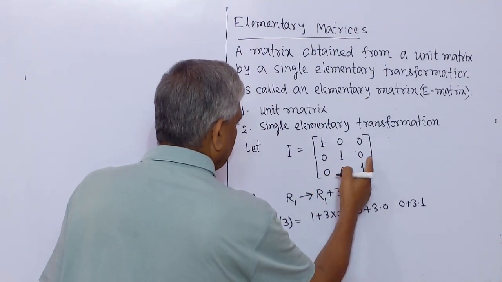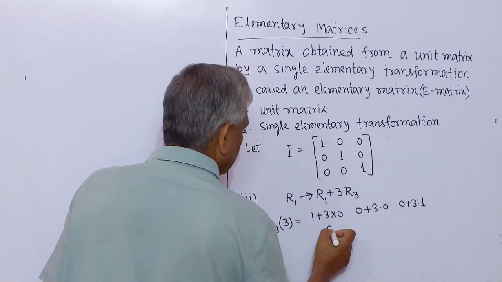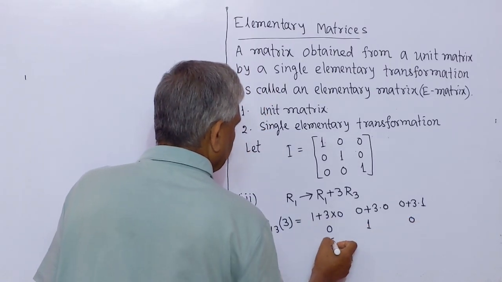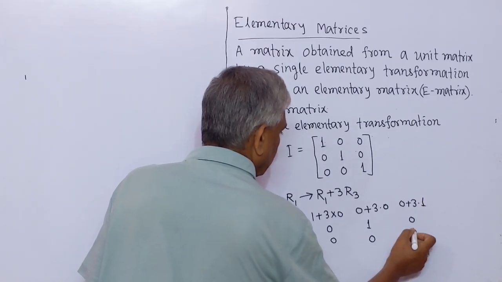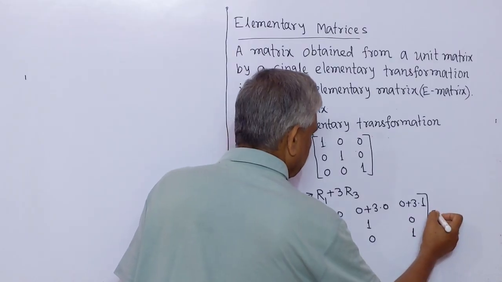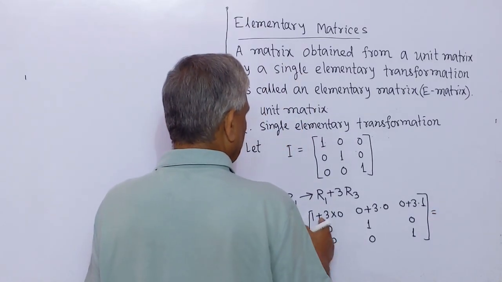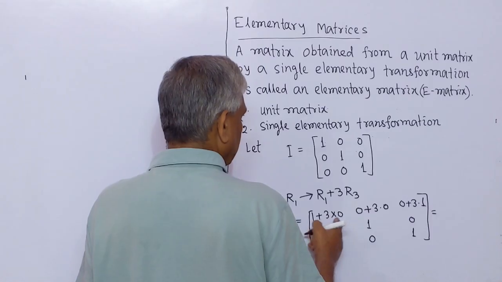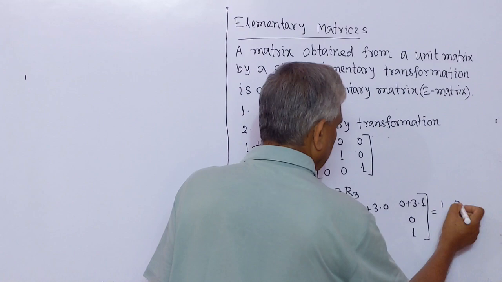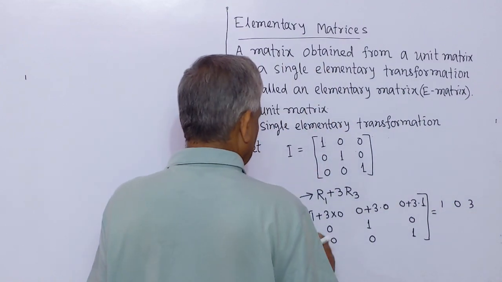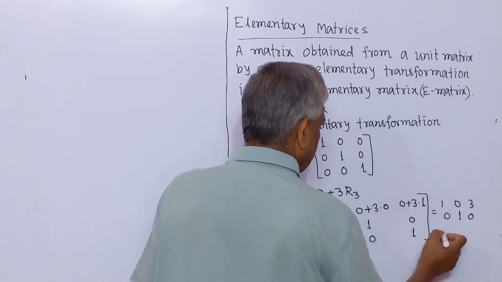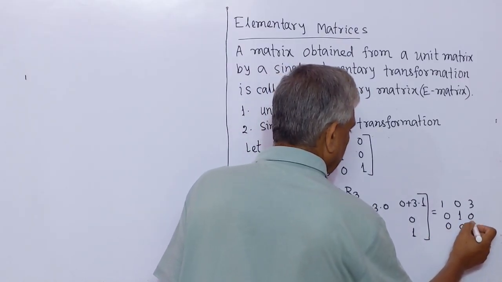The other rows remain the same: 0, 1, 0 and 0, 0, 1. This is equal to 1, 0, 3, then 0, 1, 0, then 0, 0, 1.